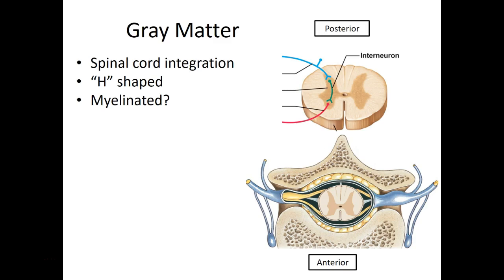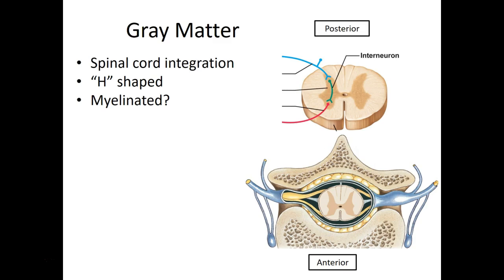Sometimes that information needs to be integrated, and so we have a neuron that starts and stops completely housed within the central nervous system. So its dendrites, cell body, and axon terminus never leave the central nervous system, in this case the spinal cord.